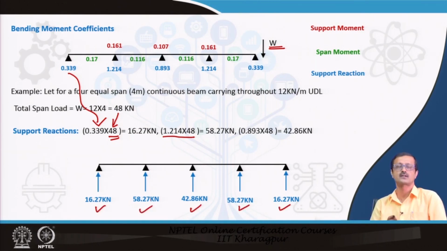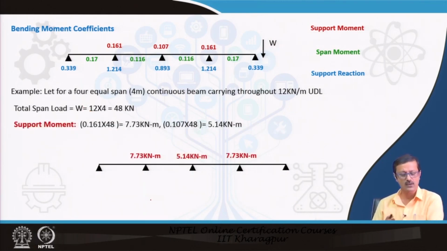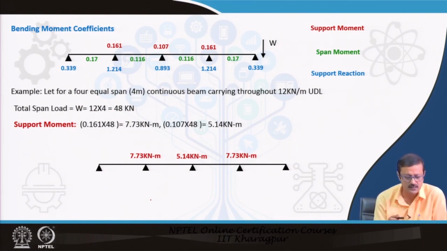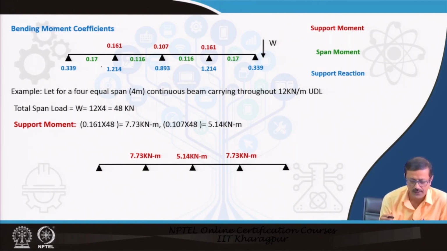Support reactions are required to design for the shear. Similarly, you can also get the span moment. This is for the support moment, sorry. So, 0.161 has to be multiplied with 48, so you will get 7.73, and the next 1.101. This will be the second case.